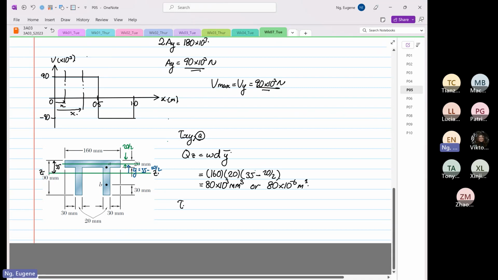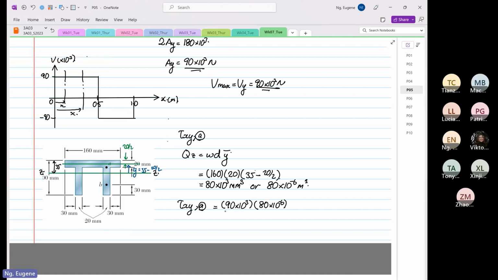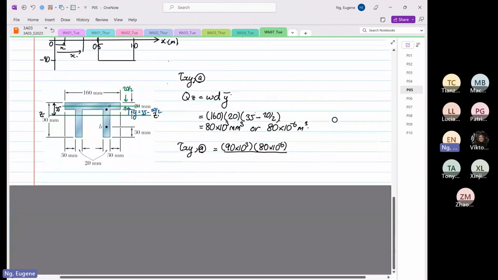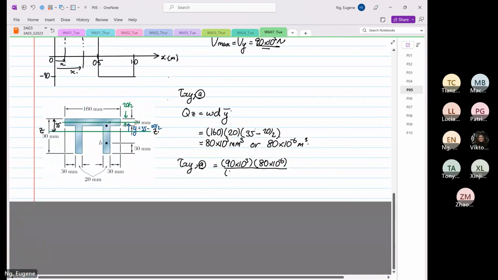So shear XY at point A will be equal to V, which is 90 times 10 to the power 3, multiplied by 80 times 10 to the power minus 6, divided by the second moment of area, 5.8133 times 10 to the power minus 6.